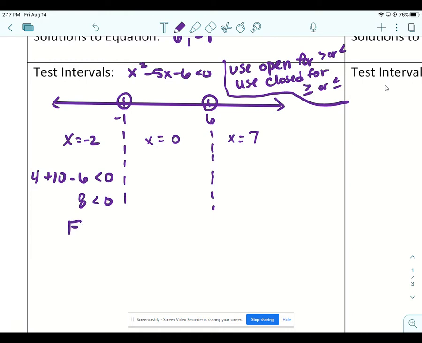So that is not going to be a solution region. All right, 0 is super easy to test. Anything that is an x, but it kind of gets covered up, and you're just left with -6 is less than 0, which is true. So I like to go up and then shade it as a solution.